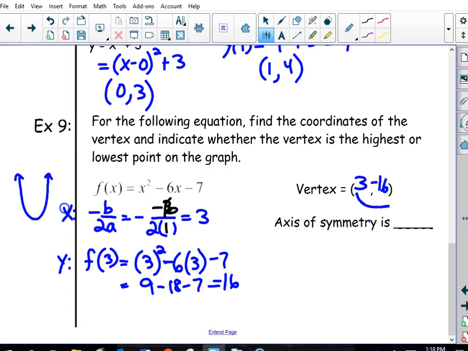Our axis of symmetry is always the x-coordinate. Now, I don't know if they just want you to put the 3 in. I can't help but write it as an equation of a line because it is a vertical line. And the vertex is the lowest point. Done with that.